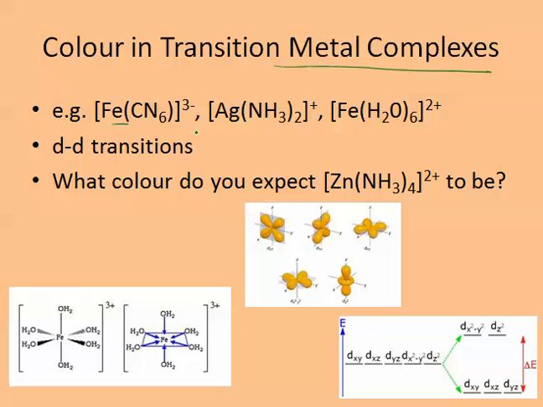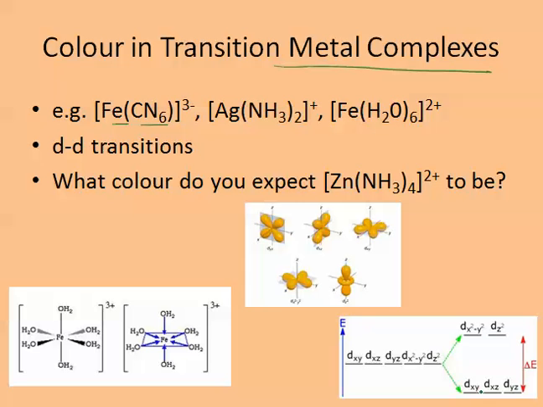You see here's my transition metal ion, my ligands, and we were talking about d-d transitions. So we've got splitting of these d orbitals due to some of the ligands pointing directly at the orbitals and some pointing in between.